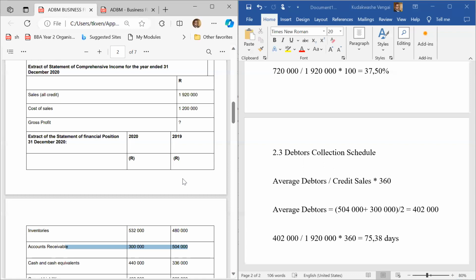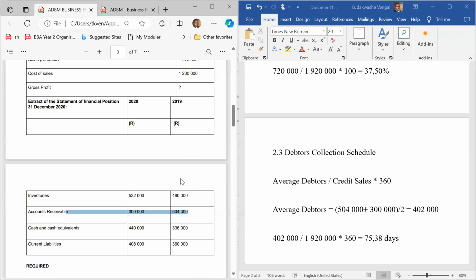Thank you. That's fine. Then also, if you really want to get a final conclusion on this, you can even email the lecturer to confirm whether, for ratio analysis, when we are doing accounts receivable and accounts payable days, we should use average data or just the current data for the year.